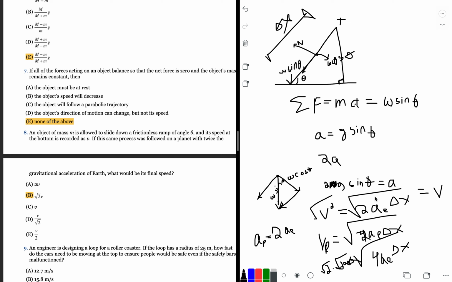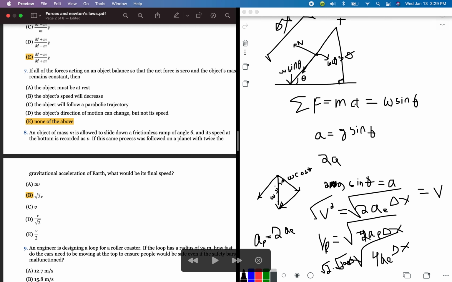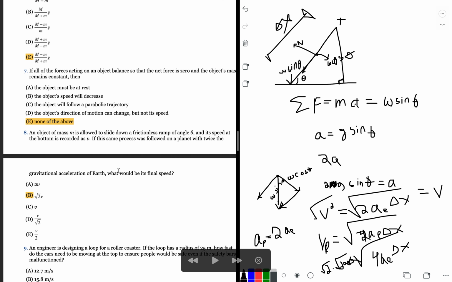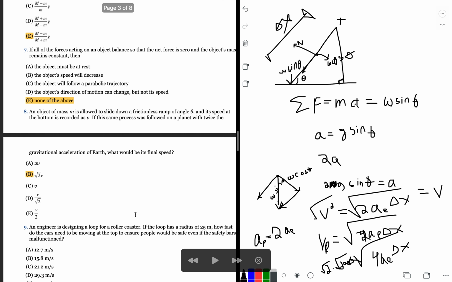Technically it does change because the distance changes, but it's so minimal that it's almost negligible, on the order of 10 to the negative n, where n is very large.